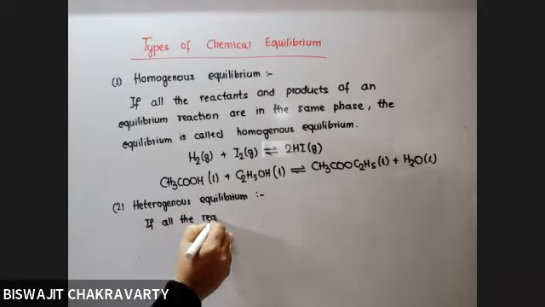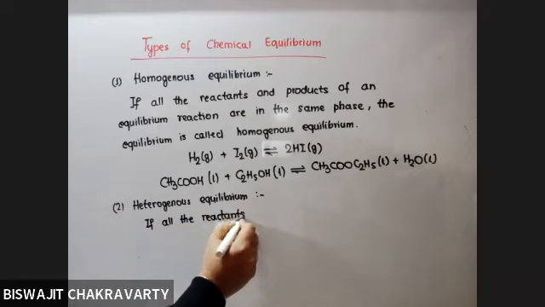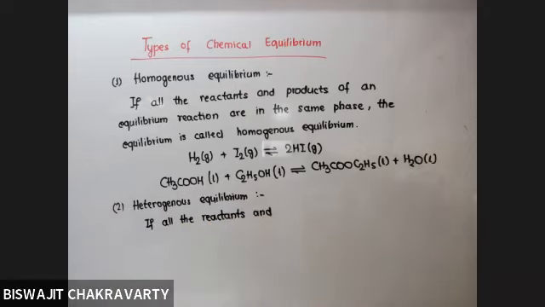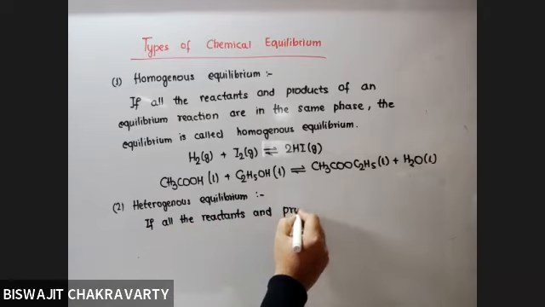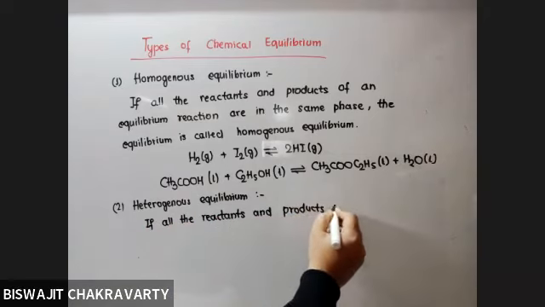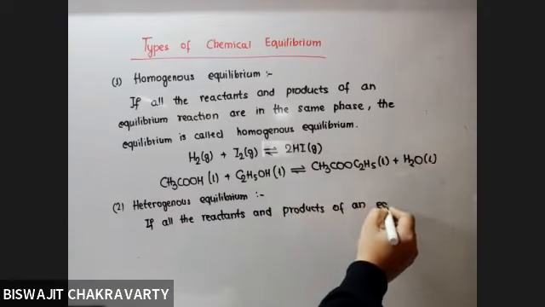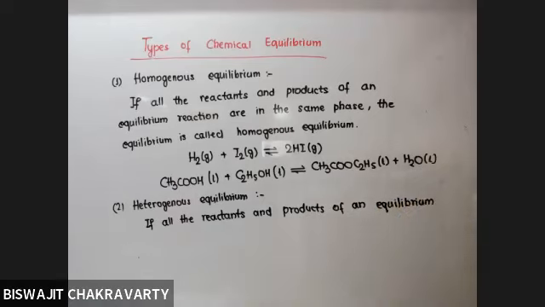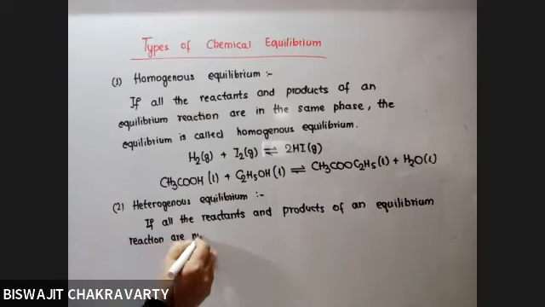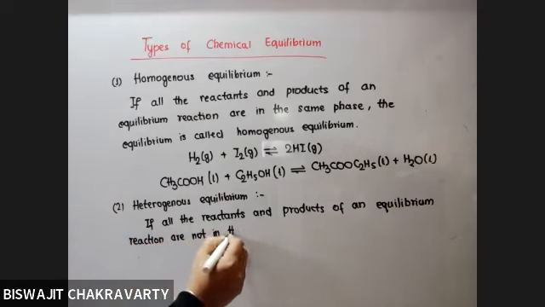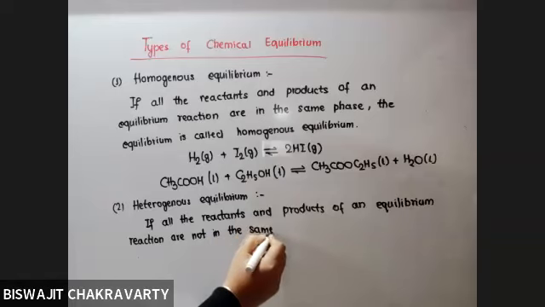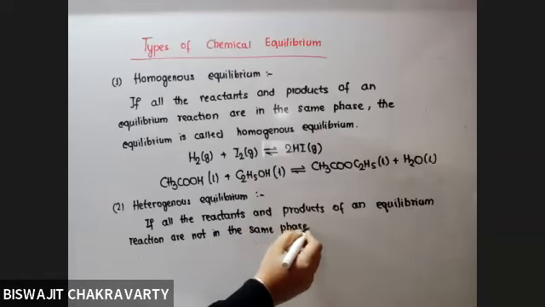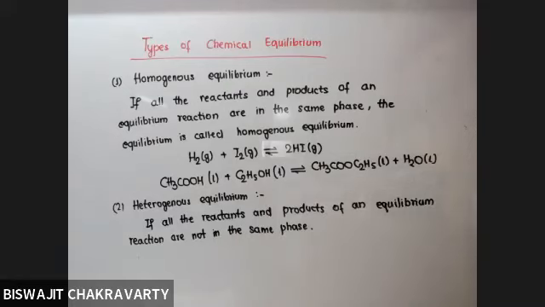If all the reactants and products of an equilibrium reaction are not in the same phase, then they are called heterogeneous equilibrium.